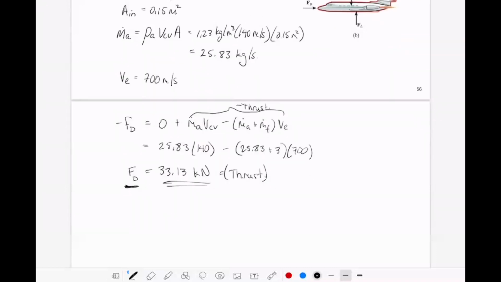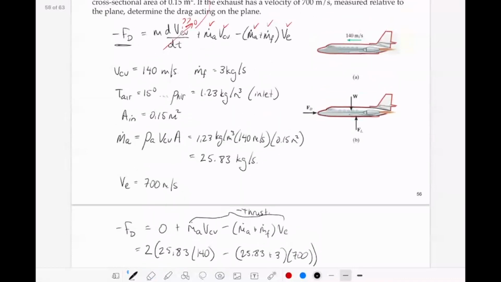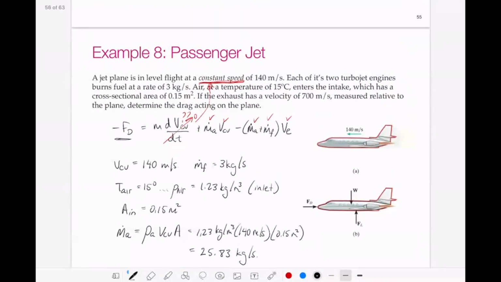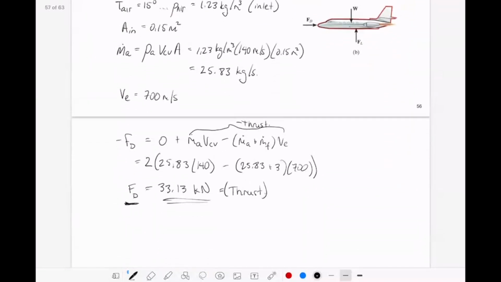Yeah, so in the chat, there's a question. This should be all multiplied by 2. Thanks for catching that. It says in the question that there are 2 turbojet engines. So the total drag would be the thrust of each of those engines added together.